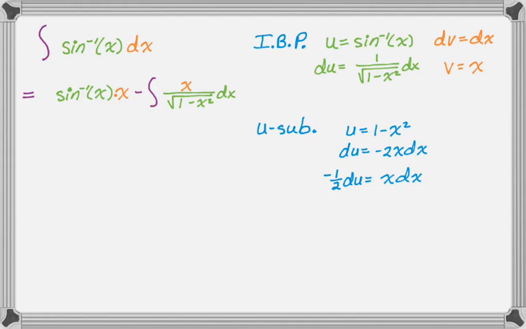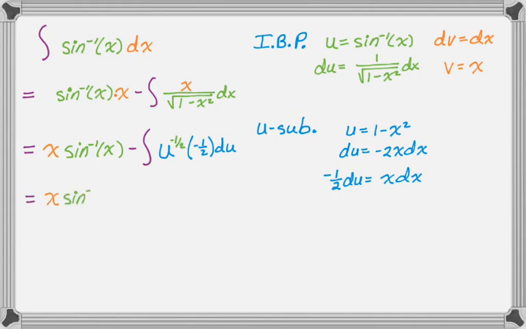So now I have enough to substitute everything in, so I'm going to rewrite this part because I'd rather have the x lead. So minus the integral of, at this point, u is 1 minus x squared, so I really have u to the negative 1/2 because it's in the denominator, and then x dx is being replaced by negative 1/2 du, and so this I can integrate without a problem.